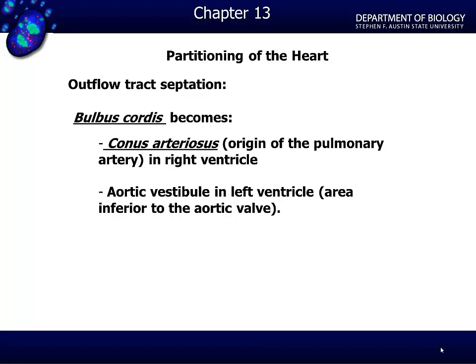And again, this is going to be an area that is somewhat inferior to one of the aortic cusps, and the orifice of the aortic trunk is going to slide under one of these cusps, and the blood is then going to flow in. So this sort of covered area is referred to as the aortic vestibule. Both of these are derived from portions of the bulbus cordis.